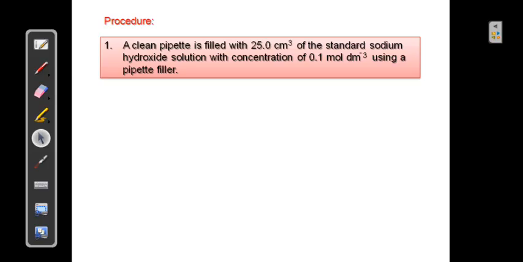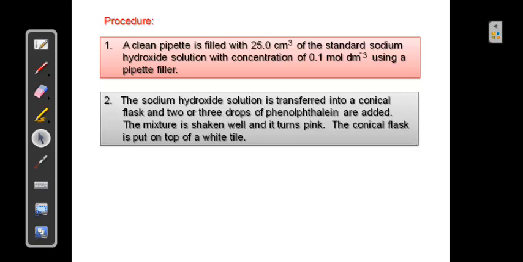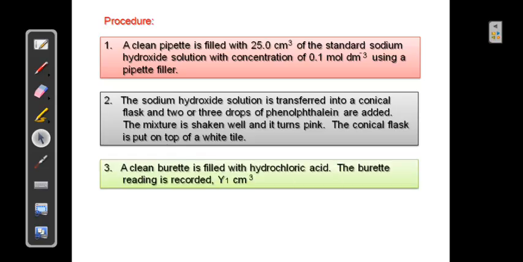Then the sodium hydroxide solution is transferred into a conical flask, and 2 or 3 drops of phenolphthalein are added, and the mixture is shaken well, and it turns pink. The conical flask is put on top of a white tile. So this is the procedure you have to follow. Then a clean burette is filled with hydrochloric acid, and the burette reading is recorded as Y1 cubic centimeter.